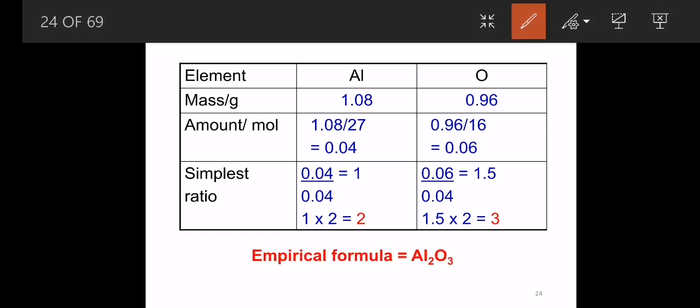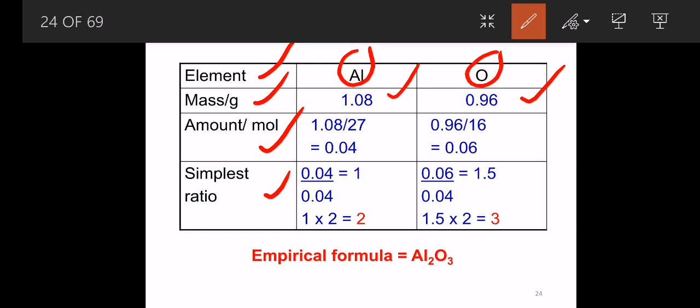The first thing that you must do is create a table consisting of element, mass in gram, amount or mole, and simplest ratio. Given in the question, aluminium has a mass of 1.08, and oxygen has a mass of 0.96.